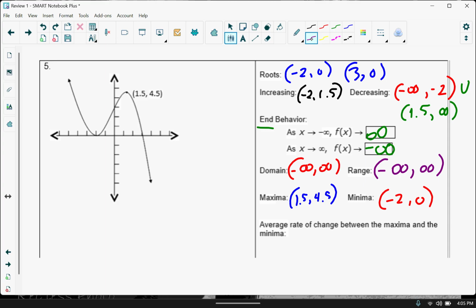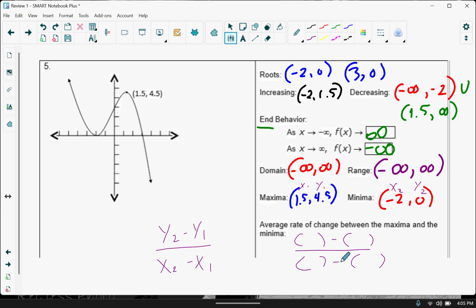So if we're going to do the average rate of change, we need to label the points. So I'll put x1, y1 as the 1.5 and the 4.5, and then I'll put x2, y2 for the negative 2 comma 0. So using the formula y2 minus y1 over x2 minus x1, we would follow the format and put 4 sets of parentheses.